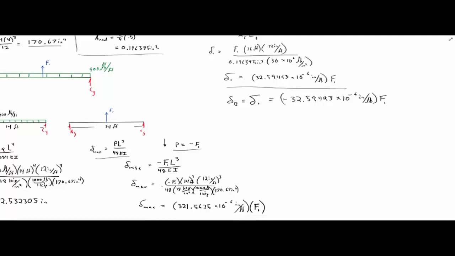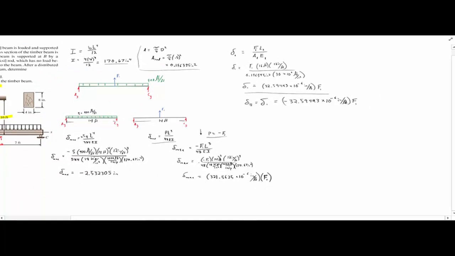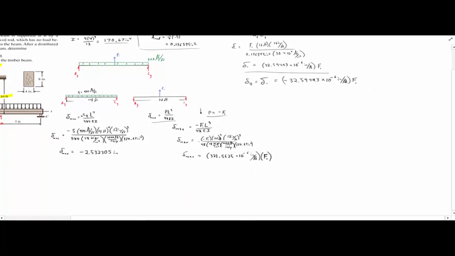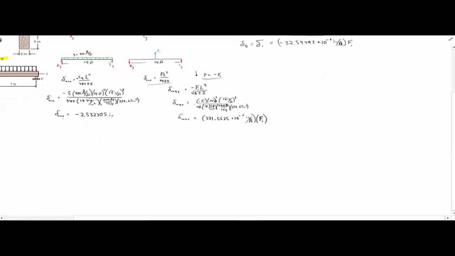So the next step, we can just go ahead and relate all of our deflections. Using our superposition method here, we can state that the deflection maximum from the distributive load, plus the deflection maximum of the point load, is going to equal the deflection that we just solved for here.